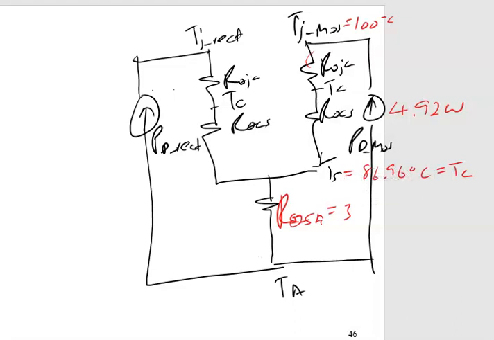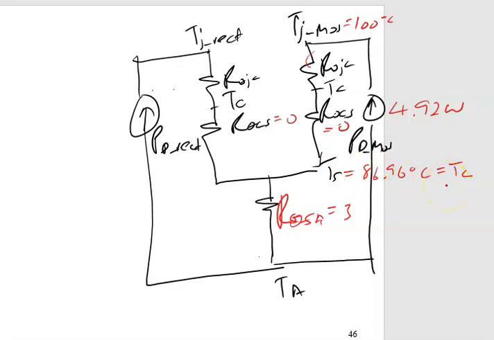TC and TS are the same because R-thermal CS here is 0. This part is already soldered to the PCB, to the heatsink, so we have 0 thermal resistance. That's why TC and TS share the same value of 86.96 degrees C.